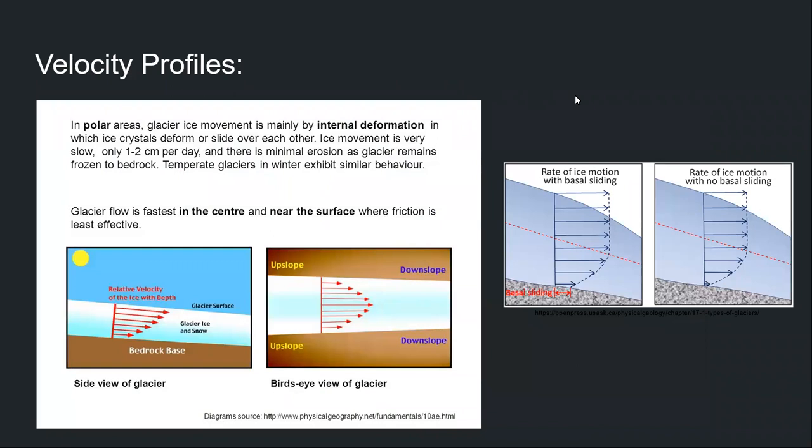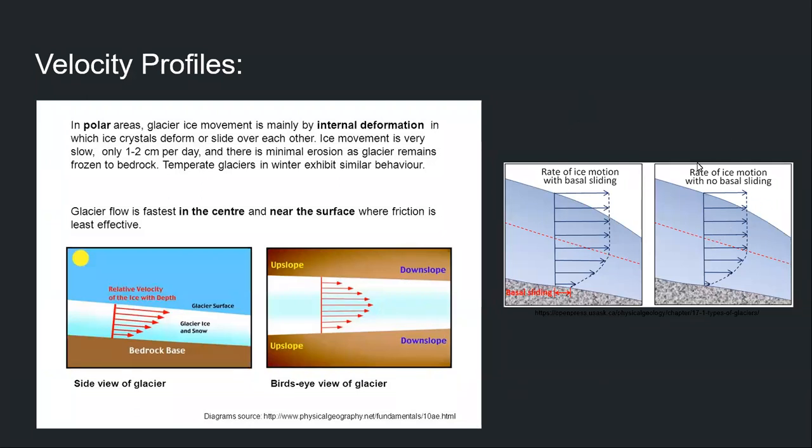We also saw the velocity profiles of the ice in the glacier, really insisting on the fact that the ice flows fastest at the surface of the glacier and furthest away from any friction. So in the center line of the glacier, where it's furthest away from both the bedrock and the walls of the glacier.